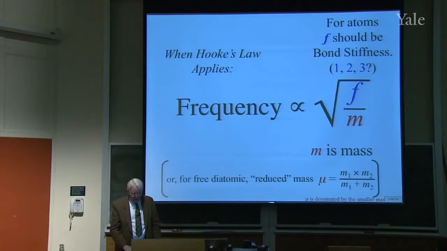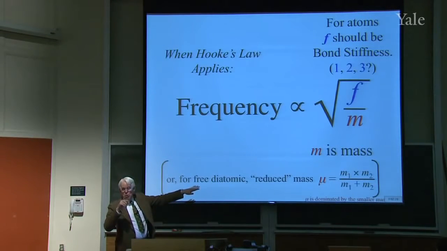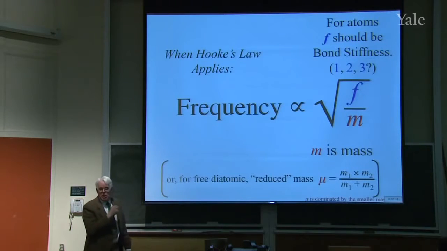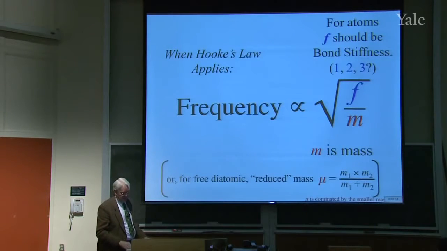But what that means is that the effective mass, use the Greek mu instead of m, is dominated by the smaller mass, right? Because suppose M2 is really small. Then the denominator, for practical purposes, is M1. M2 has nothing to do with it. But the M1 in the denominator then cancels out the M1 in the numerator, and all you have is M2. So it's the smaller thing that counts. You'd usually think it would be the larger thing.